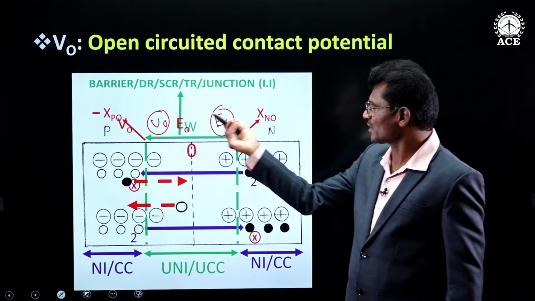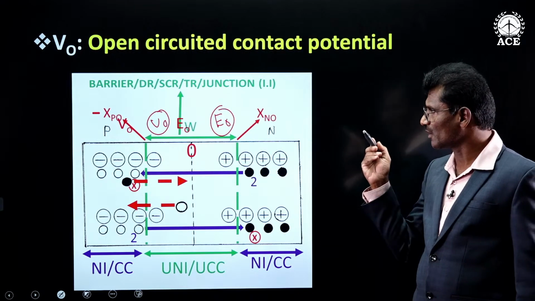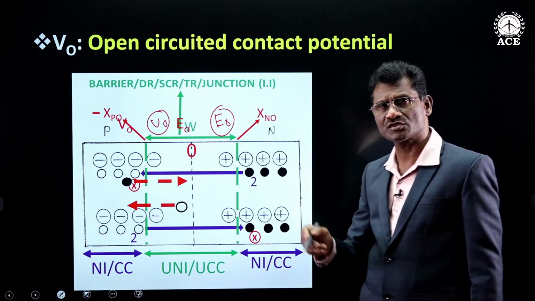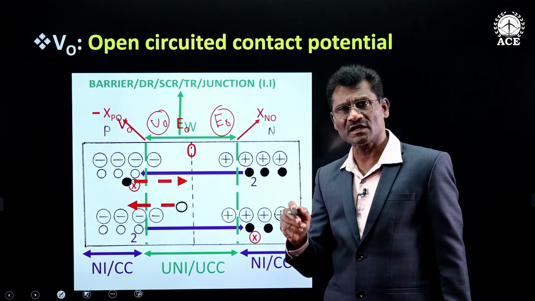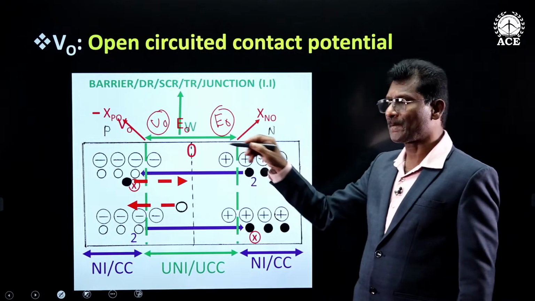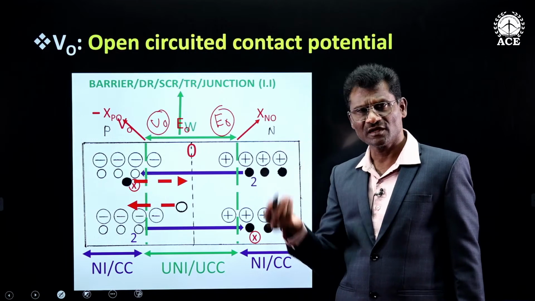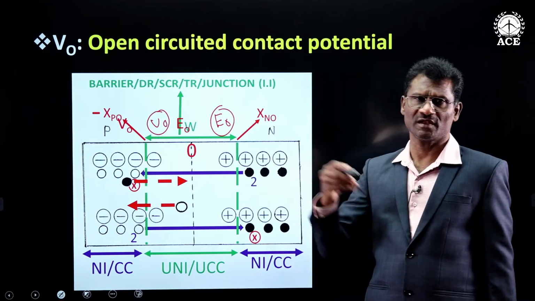I stated that V0 and E0 are induced. There is a meaning of this word induced. Induced means internally generated. Applied means externally initiated or externally triggered or externally connected.